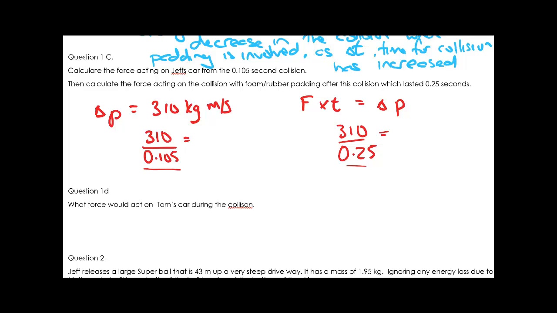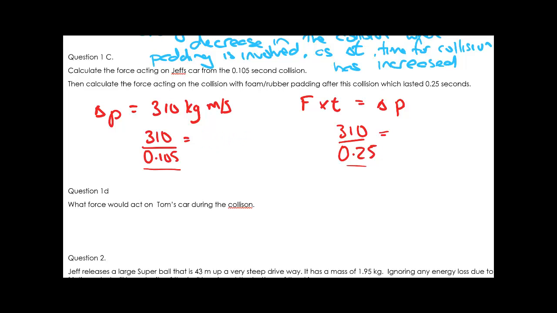If you get your calculator to work, that's 2.95 newtons. Just a minute, that doesn't sound right.